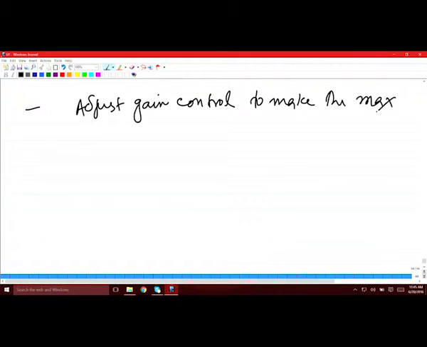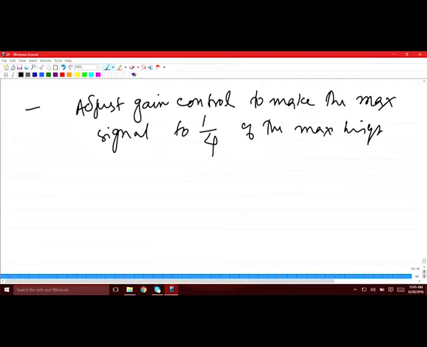So, bring down this maximum signal to 1/4. Okay. 1/4 of the maximum attainable height or attainable intensity that you have. So, you need to do it by using this gain.